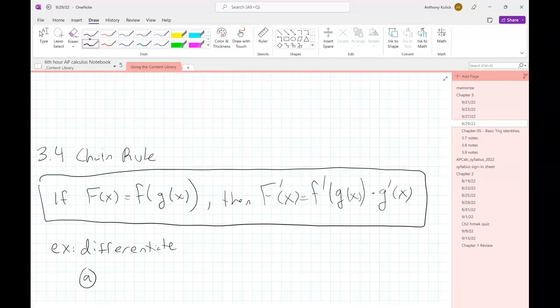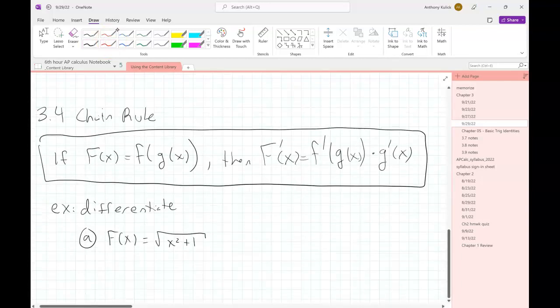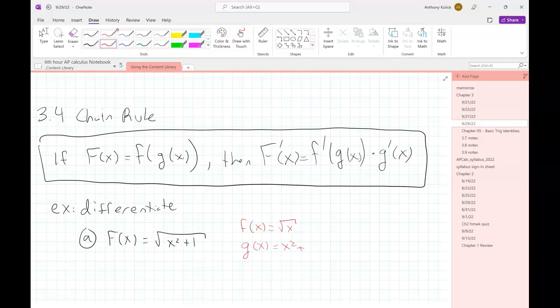So for example, if I have f of x equals the square root of x squared plus 1, my outer function you should see as the square root of x, and my inner function as x squared plus 1.